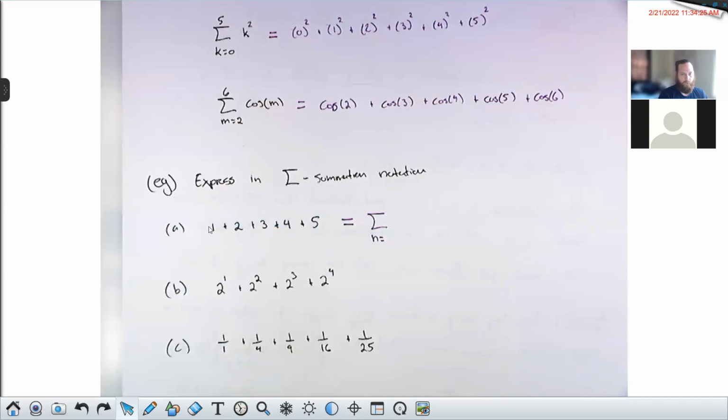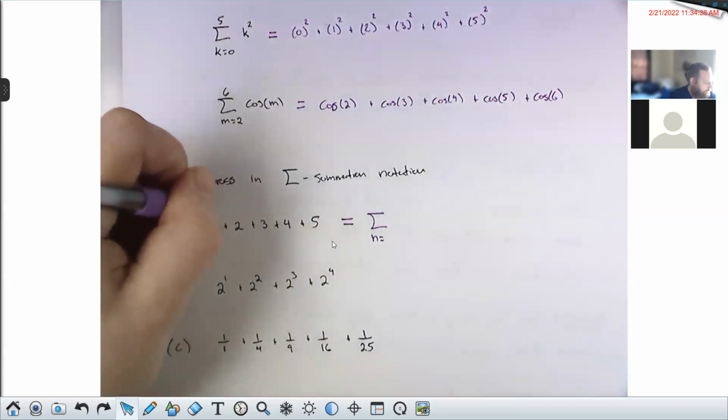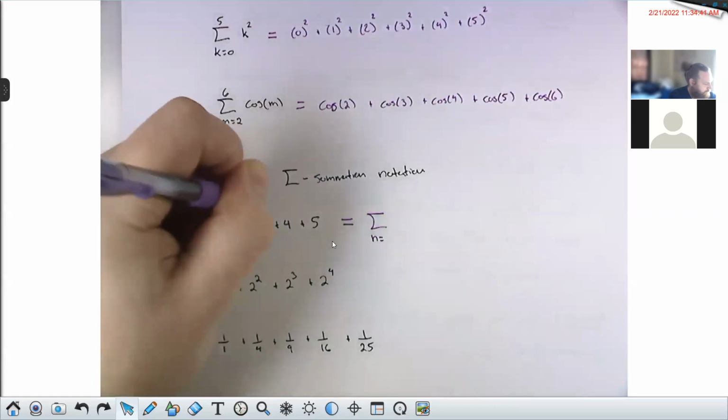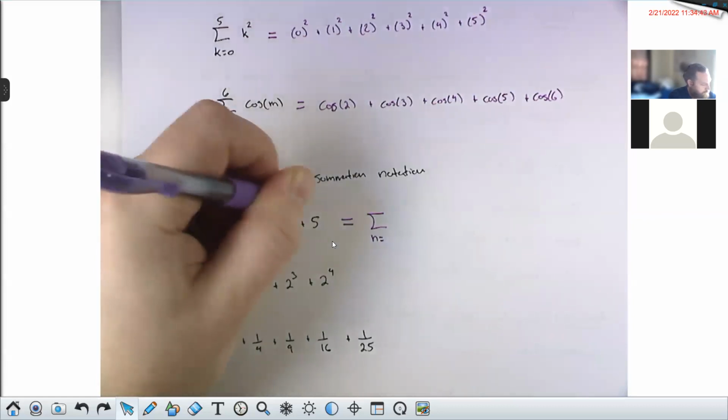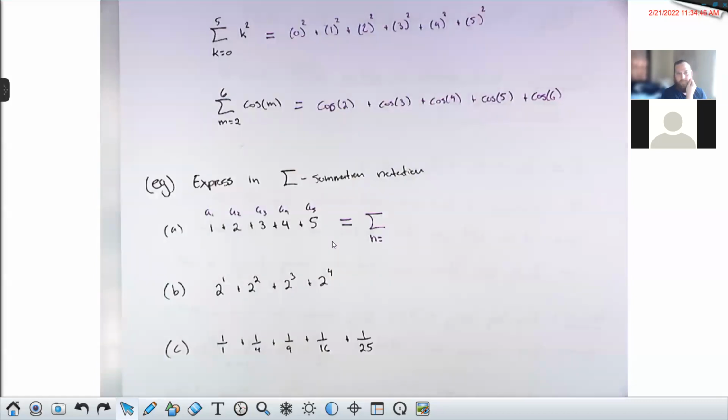If you had to write these as terms of a sequence where this is A1, this is A2, this is A3, this is A4, and this is A5, what would AN be? So I've got two responses there, and I like both of them.